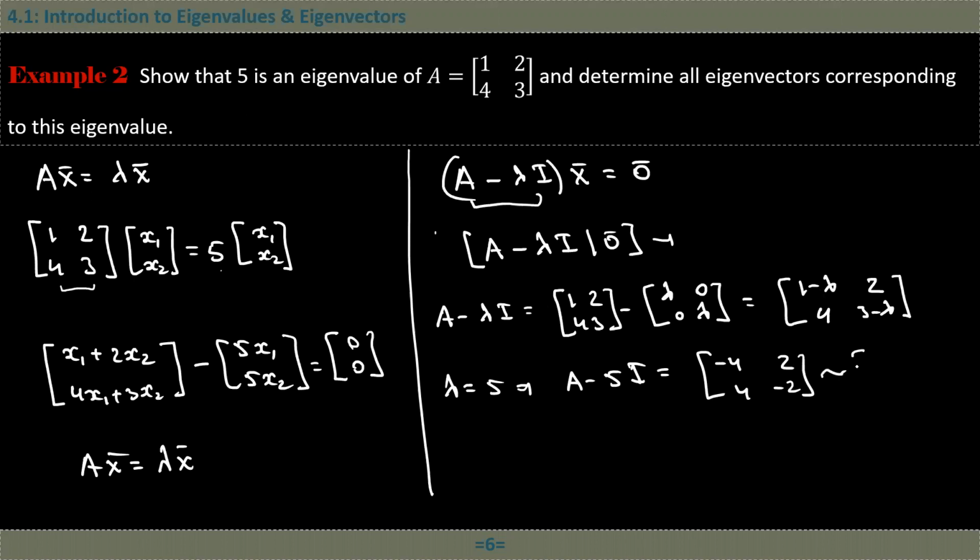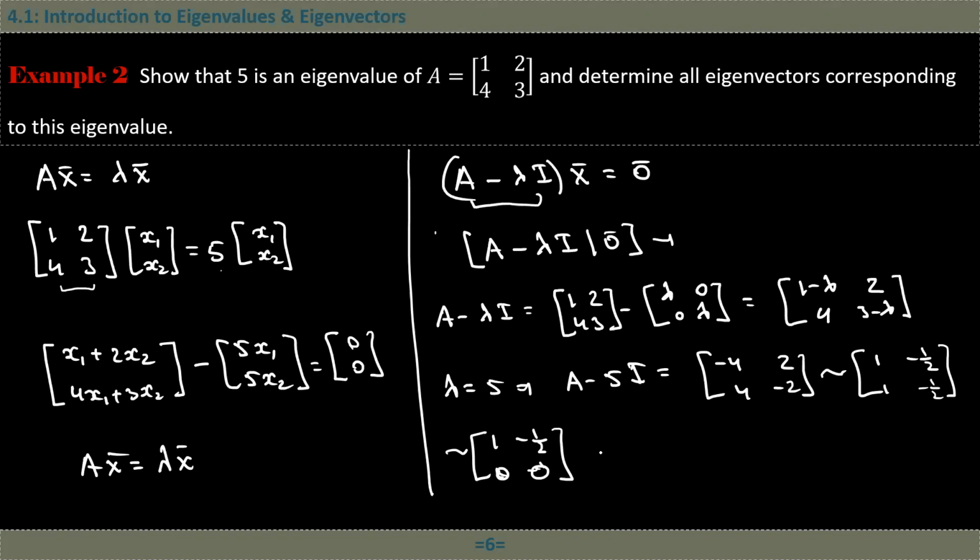And if you just reduce this to reduced row echelon form, here we can divide by minus 4. So here we have 1, minus 1 over 2. And divide by 4, here we have 1, minus 1 over 2. They are exactly the same, right? If you just multiply the first row by negative 1 and add to the second row, here we will get 1, minus 1 over 2, and 0, 0.